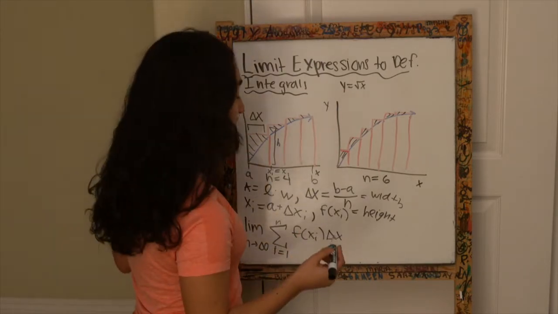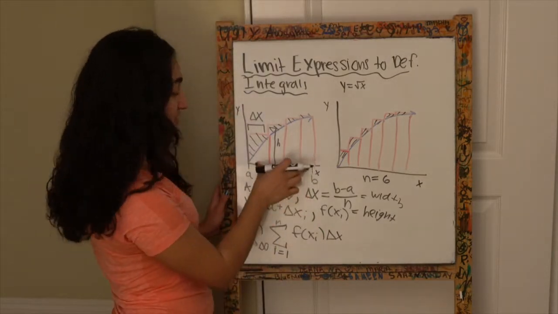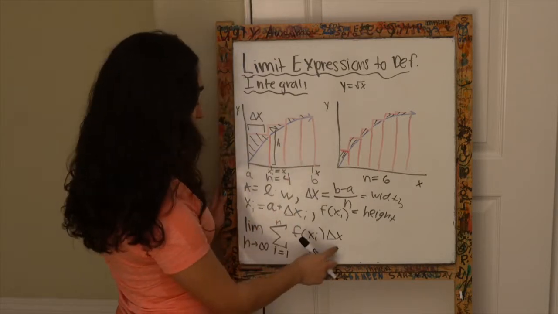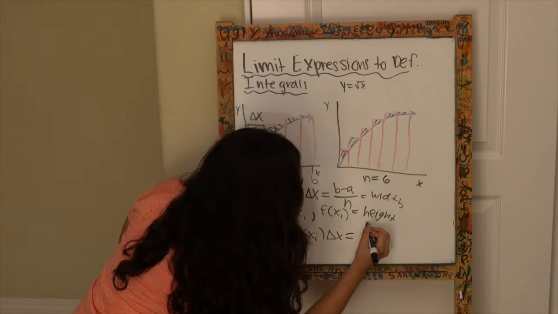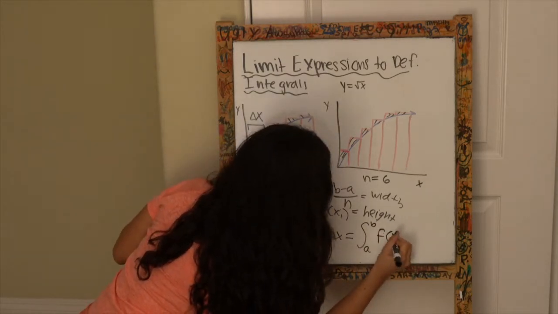And because the integral from a to b represents the exact area under this curve, and we know this is equal to the limit expression, we can equate this to the integral of f of x from a to b dx.